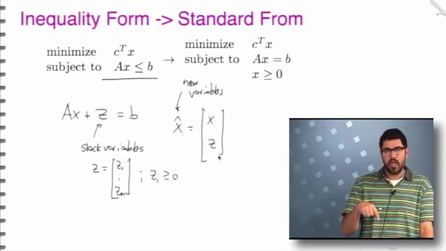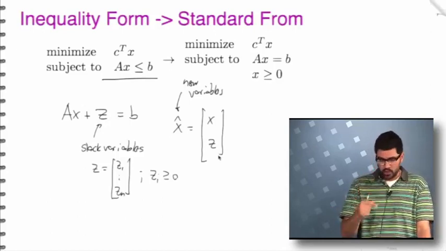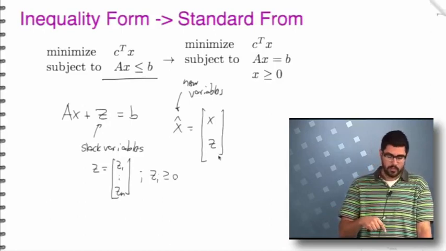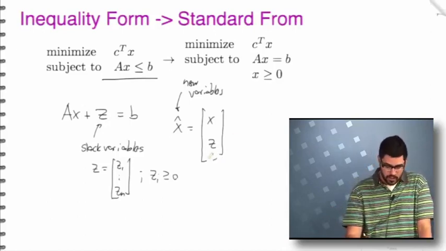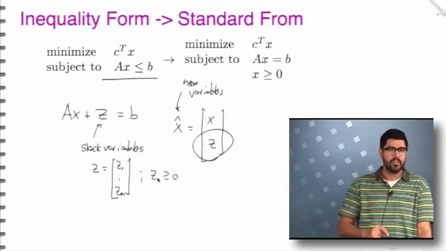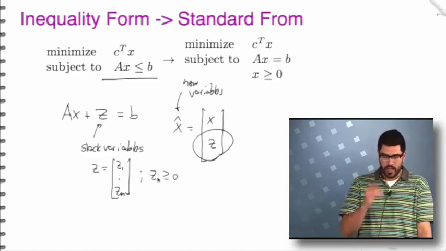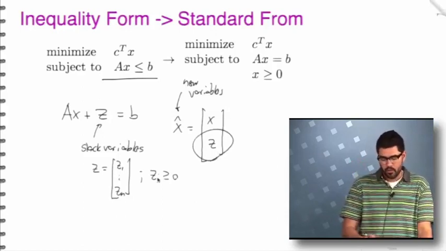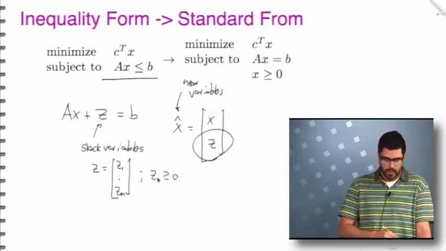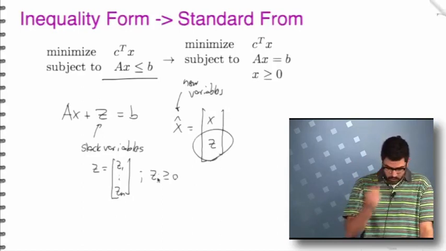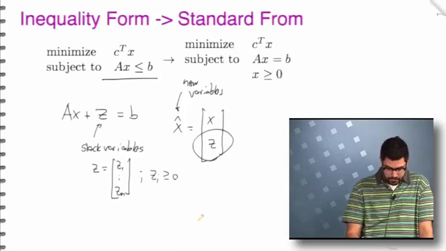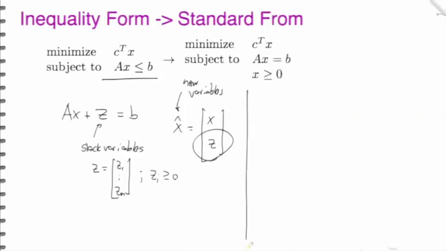So that allows us to have an equality constraint, but we're still stuck with some non-negativity problems. Now the nice thing is z is fixed as non-negative, so I don't have to worry about those, but I still have to deal with x. So that is my equality. Let's worry about non-negativity.